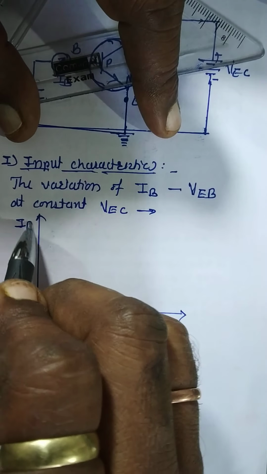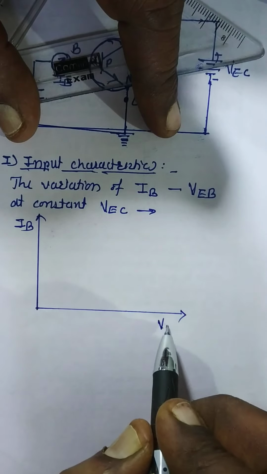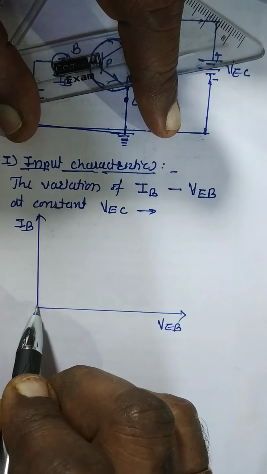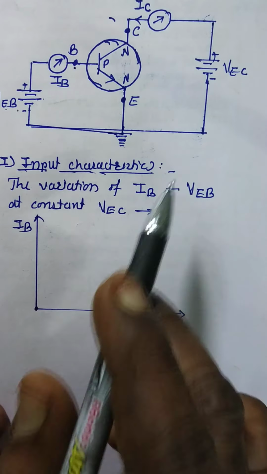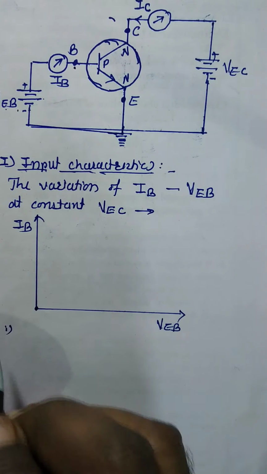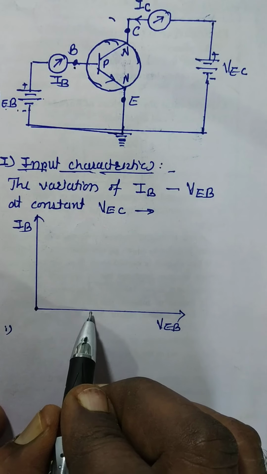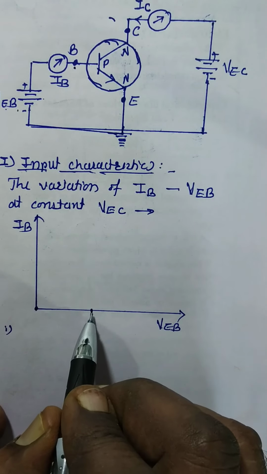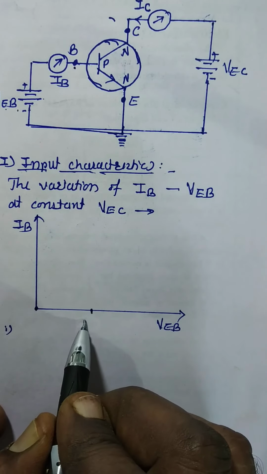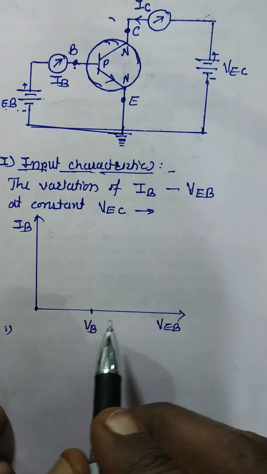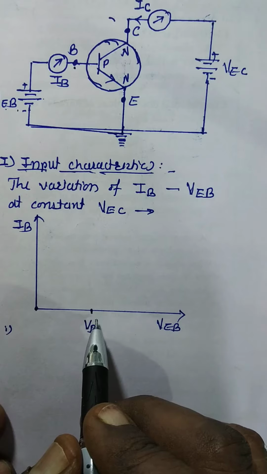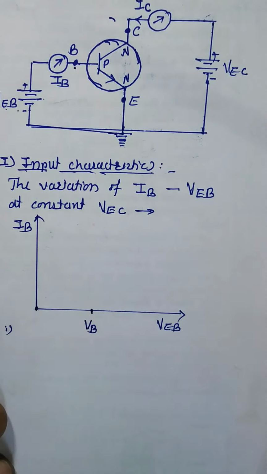Suppose this one is the barrier potential VB between emitter and base.